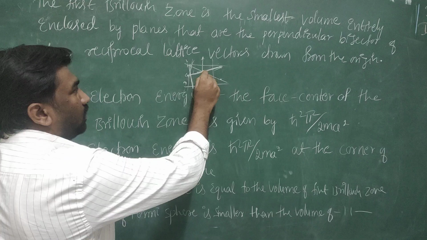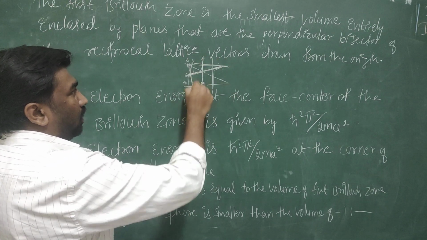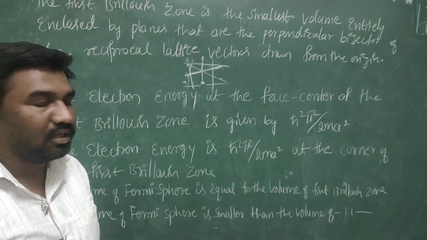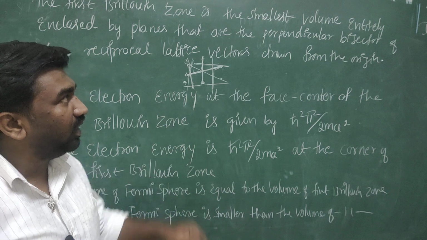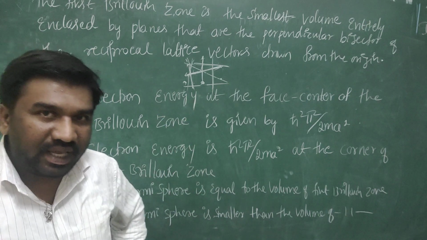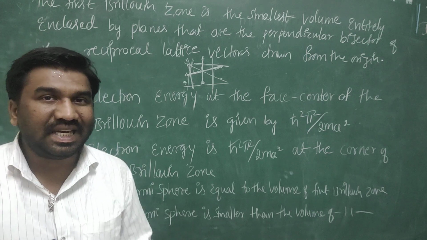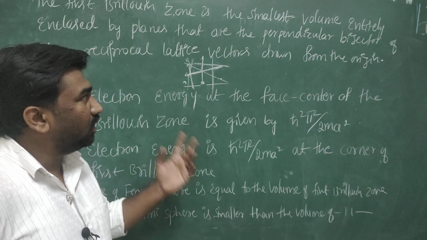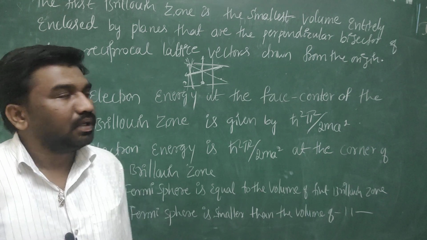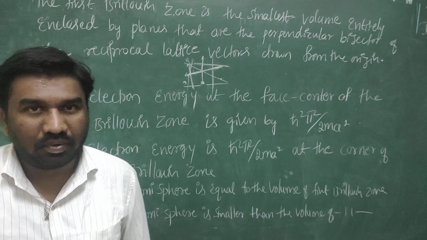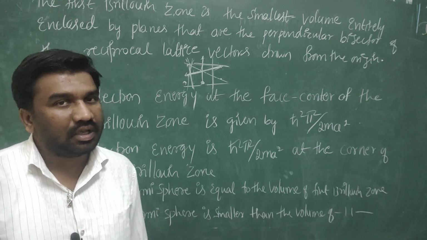Here it is not possible to explain this in detail, and it also takes some time. Refer to books like Kittel and Wahab for the Brillouin zone and reciprocal lattice concepts. Definitely there will be 1 or 2 questions from reciprocal lattice for your KSET every year.